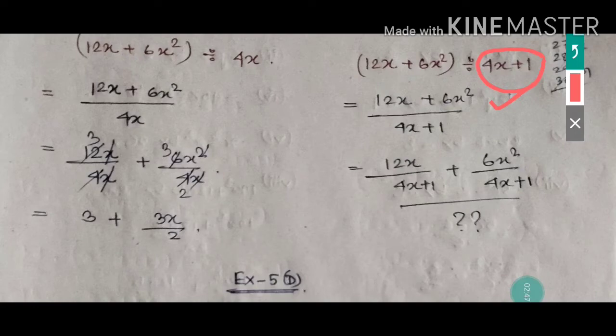In this case I'll talk about the binomial. So how will you do the division? If a monomial is given, you can split the numerator by the denominator, then if any cancellation is possible, do the cancellation. After that, that will be the answer.